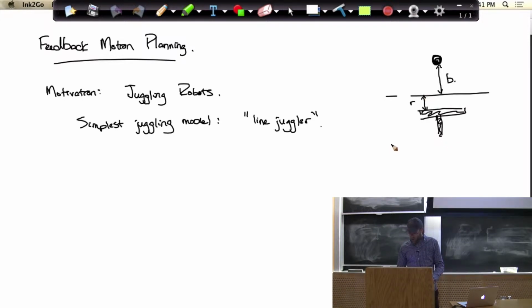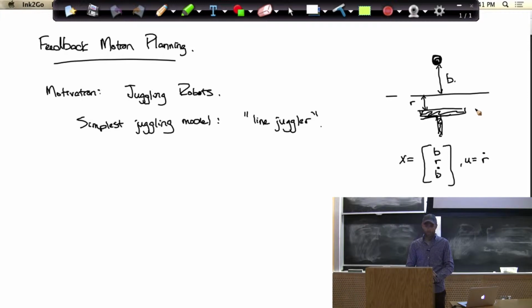So the state space of this thing we're going to be able to write down as b, r, and b dot, and we'll assume that we have direct velocity control of the paddle with some big actuator underneath. So our input is just the velocity of the paddle.